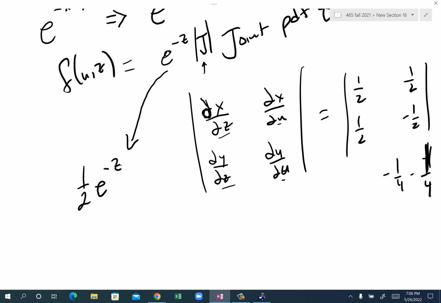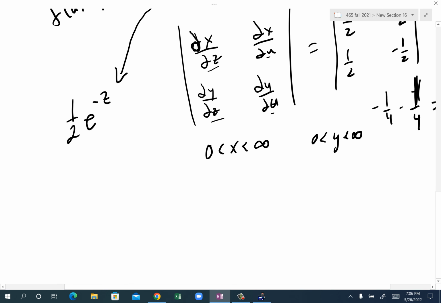Okay, now, question: are our domains the same? Because remember, before we let x go all the way to infinity. And what about y? Does y get to go all the way to infinity? That was true, but what about z? Okay, well, I don't know. But I do know that 0 is less than or equal to x.